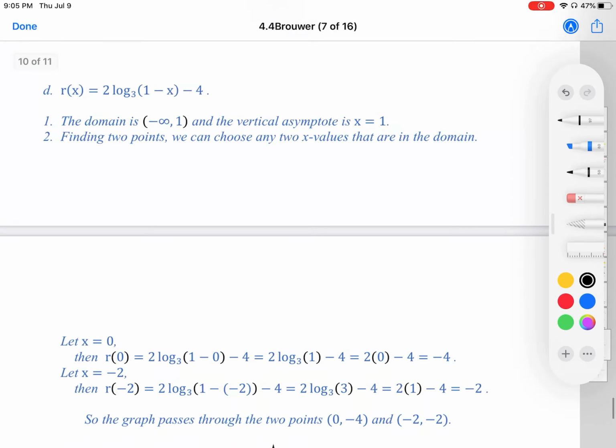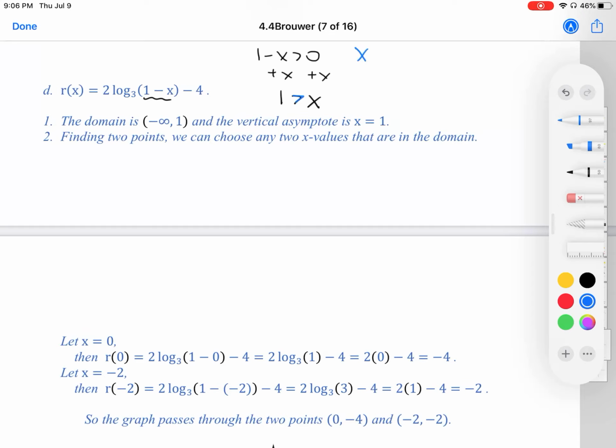Now r of x equals 2 log base 3 of 1 minus x, minus 4. All right, so let's find what our domain is. We have 1 minus x is greater than 0. Plus x, we get 1 is greater than x. Let's rewrite it with x first.